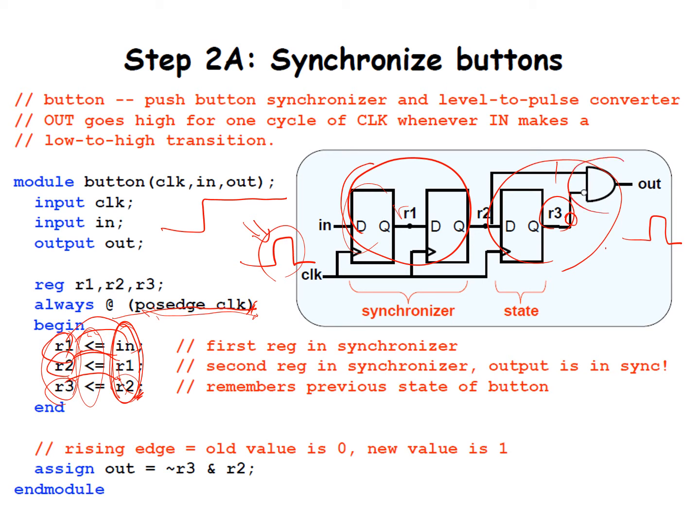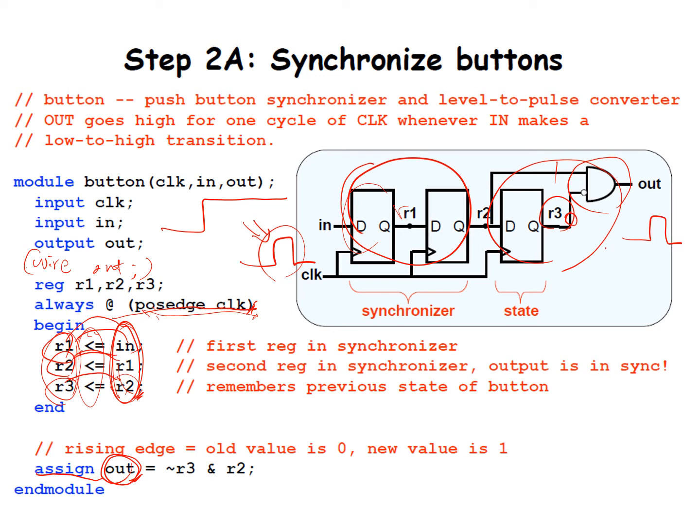Now, for describing this logic, we use assign statements. Since this is a wire, the output is defined as wire by default. So you can add wire out, or you can ignore that.